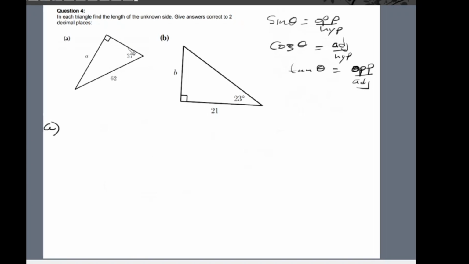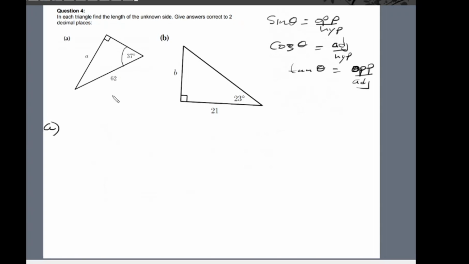We are given an angle of 37 degrees and we are given a side. We must calculate this side, which is a units. So they want the actual value of a.